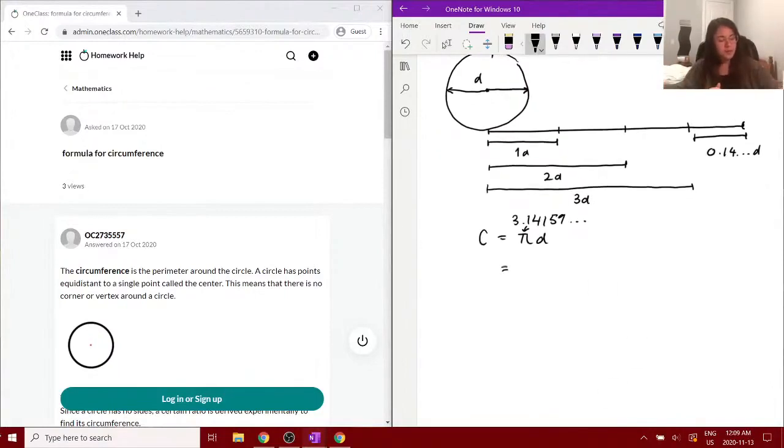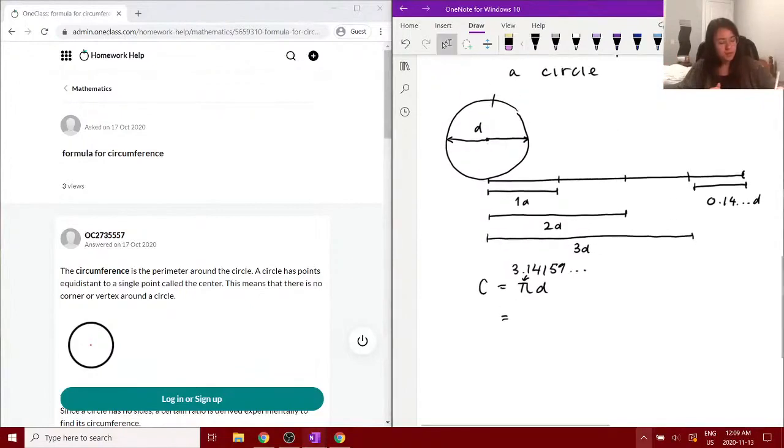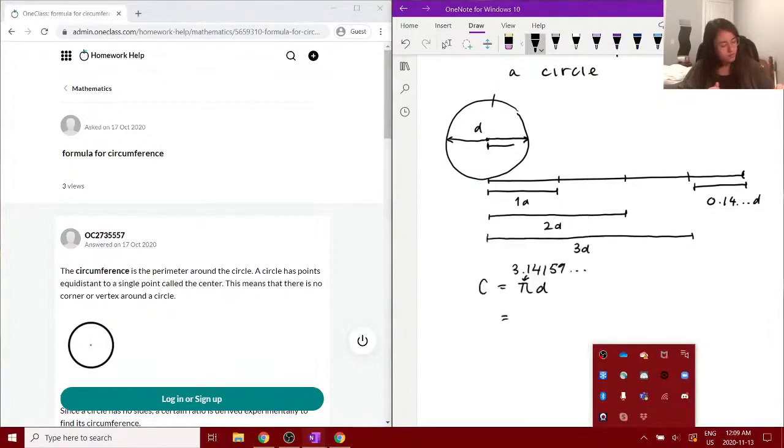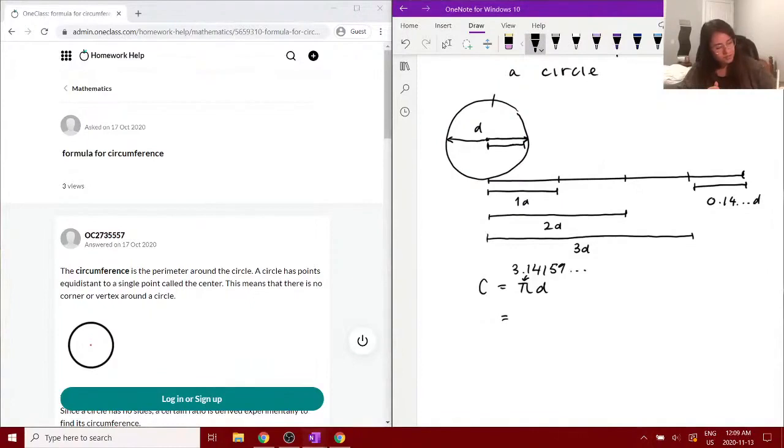Remember, you can also work with the radius of a circle, right? And the radius is half of the diameter, or you can say that the diameter is 2 times the radius.